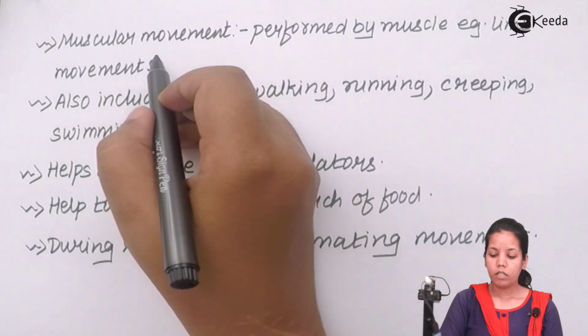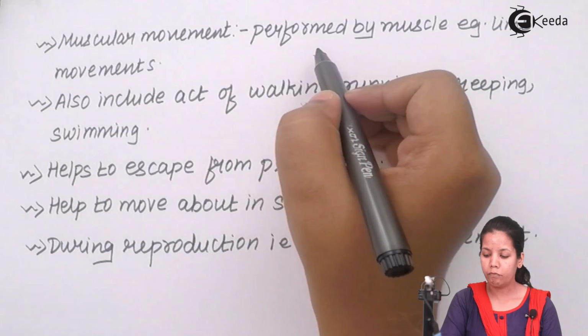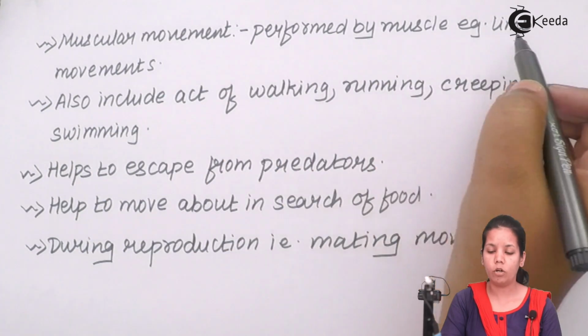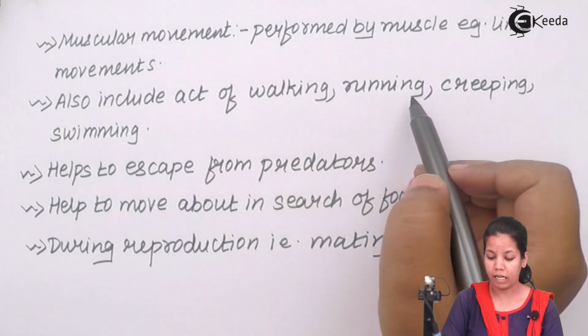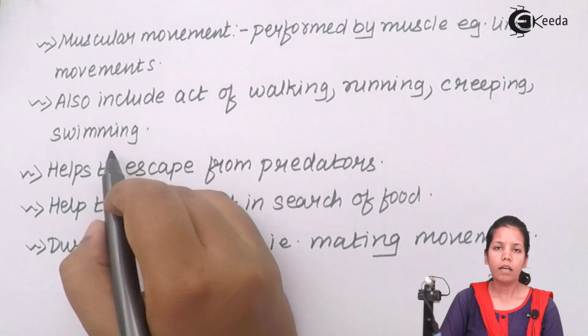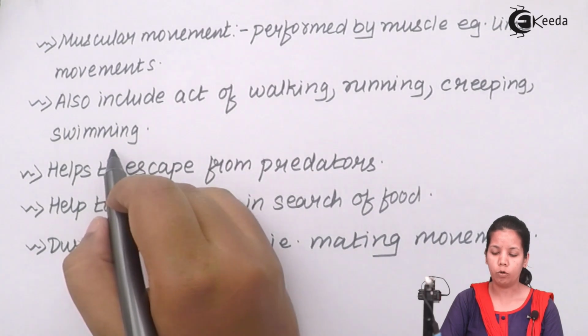Muscular movements are performed by muscles, for example your limbs. They also include the act of walking, running, creeping or swimming, which are examples of locomotory motions.